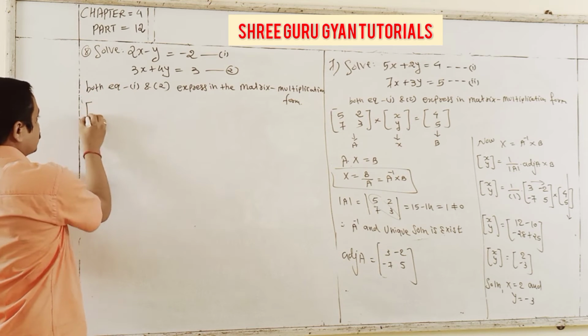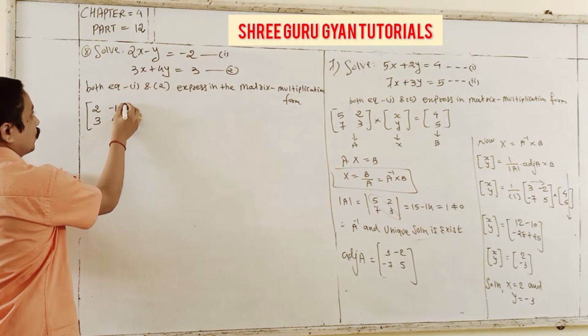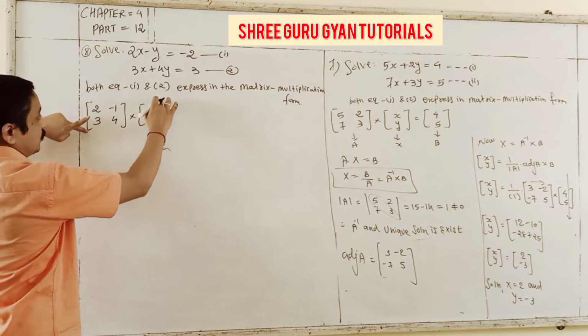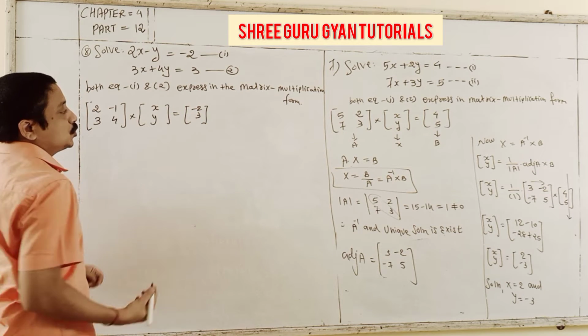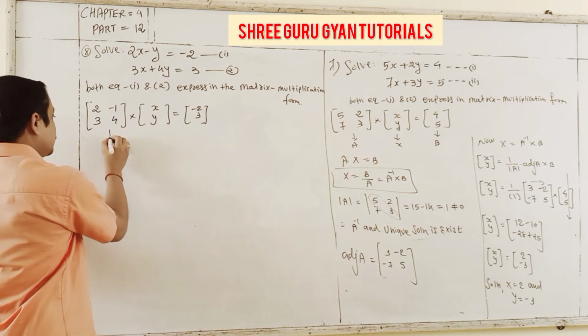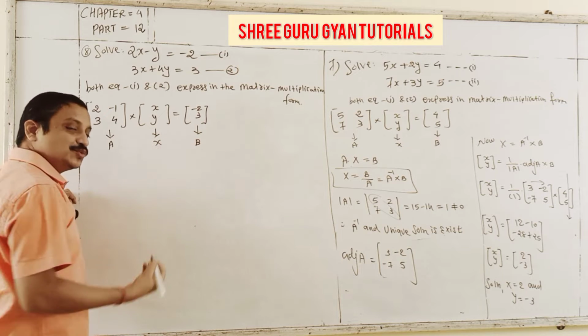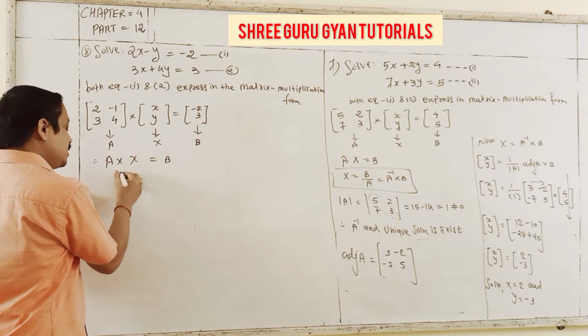So you write down the first matrix here: 2, 3, minus 1, 4. Next here x, y, that is your product, and it is equal to minus 2 and 3. So students, that is your A, it is x and that is B. So definitely A times x is equal to B.